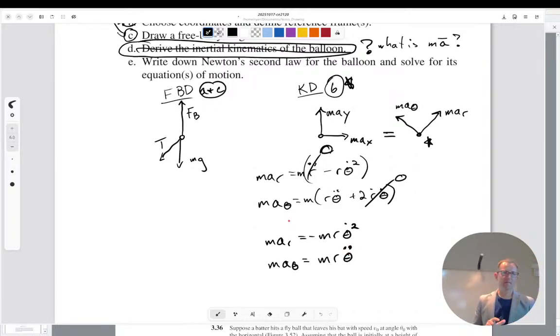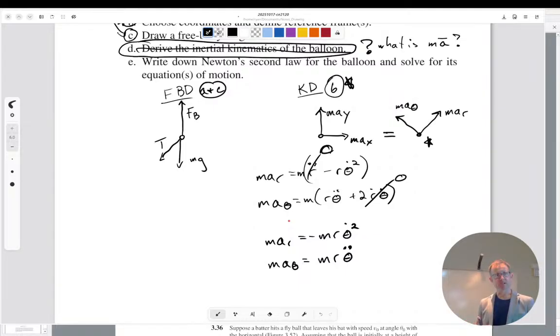Do I know anything about theta? What's the deal with that theta? Is that an important variable? Is that something that I need to try to remove from my equation? What's the deal with theta? Is it changing?